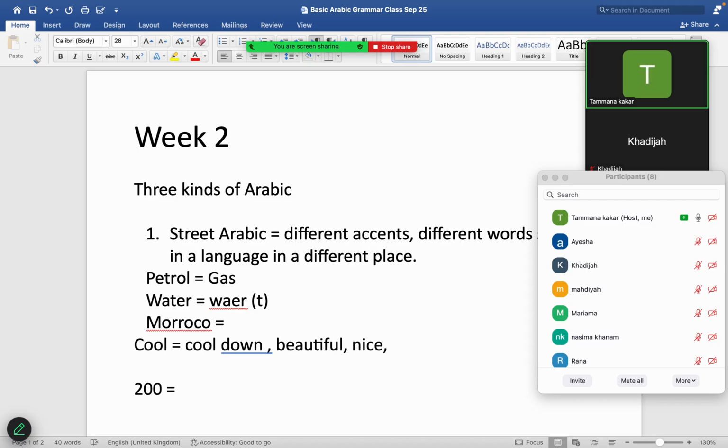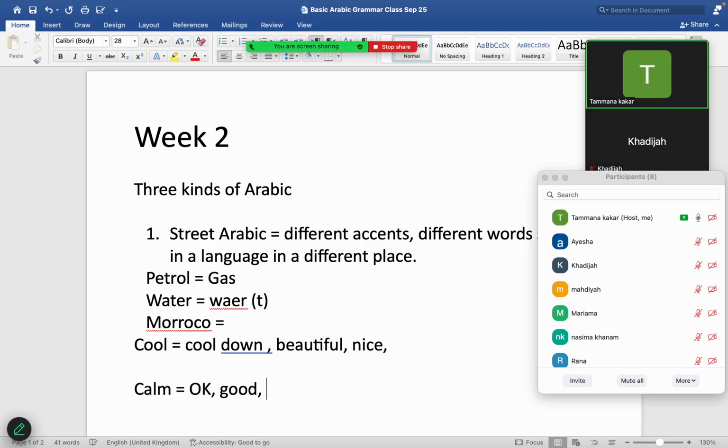Rather than saying beautiful or really nice or cute, we say cool. So that is kind of street Arabic, where it keeps changing. We invent different words in it, and we give them different meanings. So, for example, nowadays the Gen Z word is calm. What do we mean by calm? It's okay.